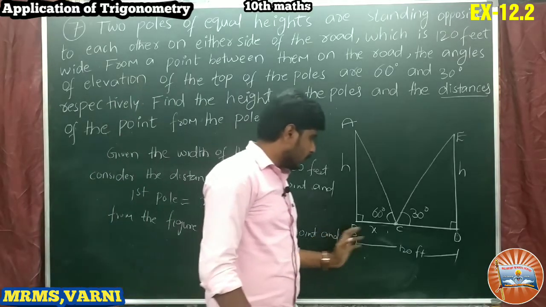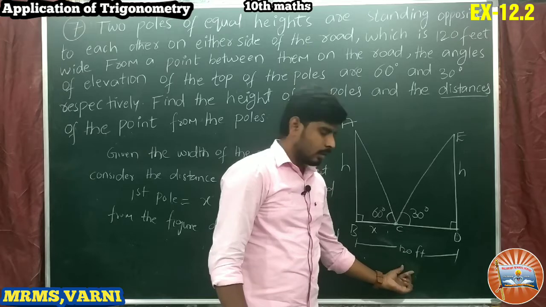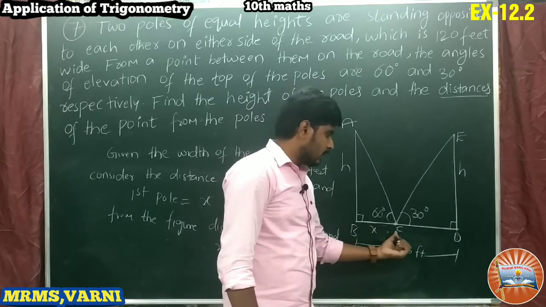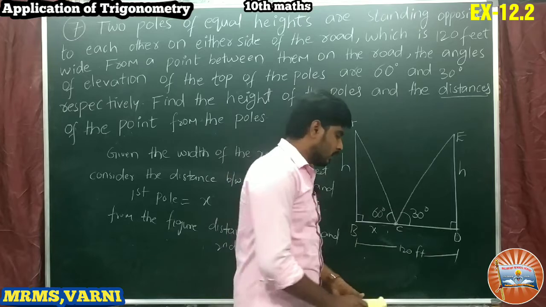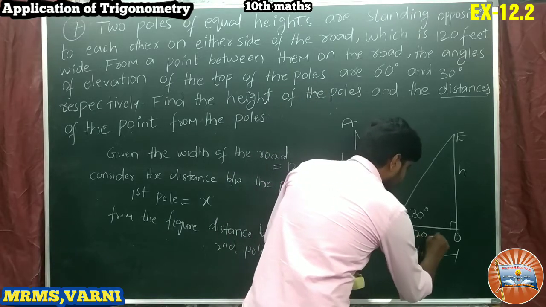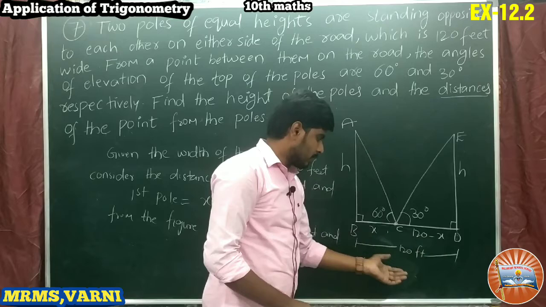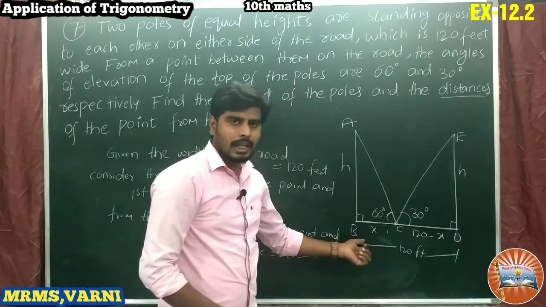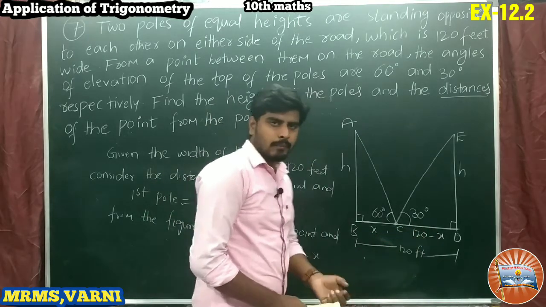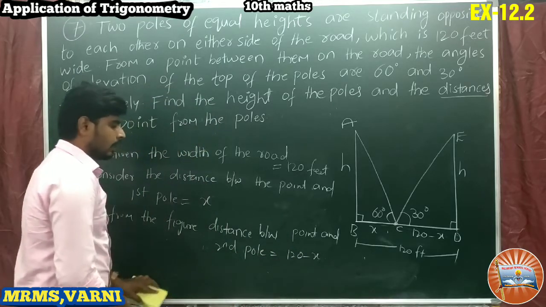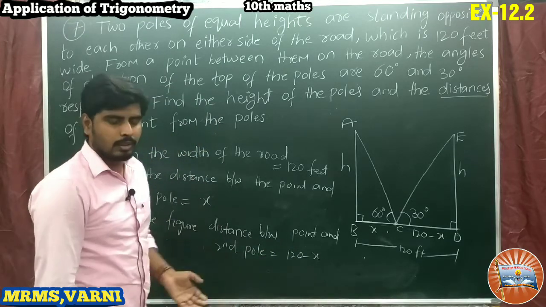This is from B to D, 120 feet. From B to C I am considering x. So the distance between C and D is nothing but 120 minus x. If I want to find this distance, we subtract x from 120 and we get it. Right, that is 120 minus x. Is it clear? This is the given information.